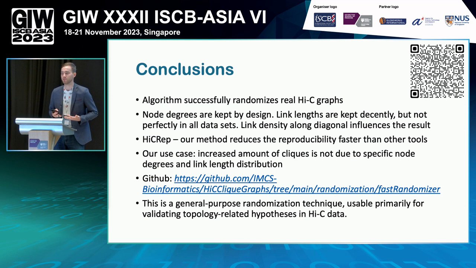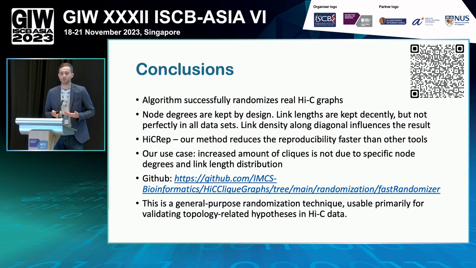So to conclude everything, the algorithm that I presented indeed randomizes Hi-C graphs quite well. It keeps node degrees by design and also manages to keep link lengths quite decently, but well, not perfectly.